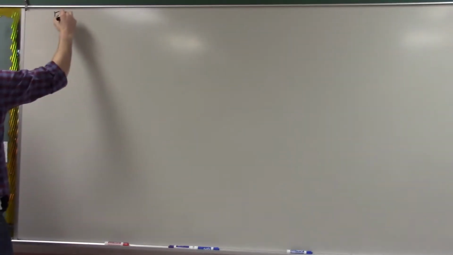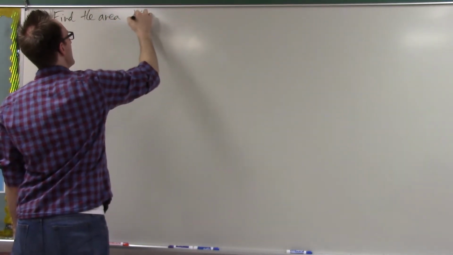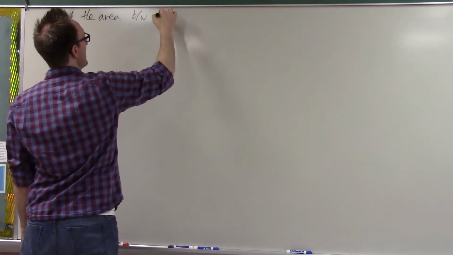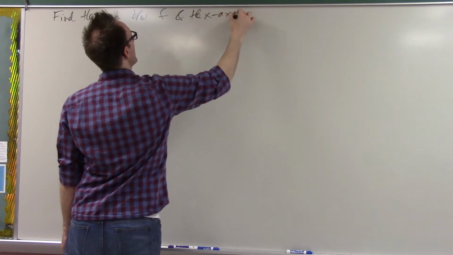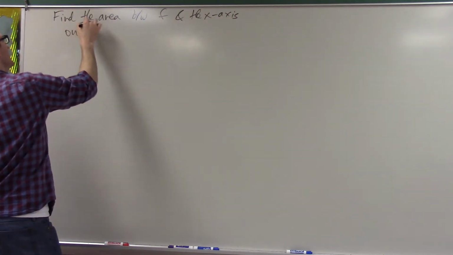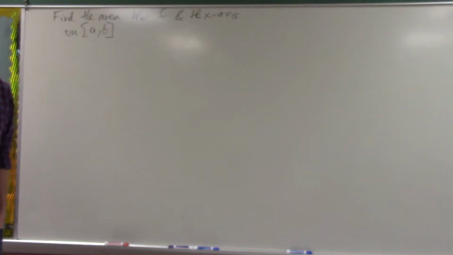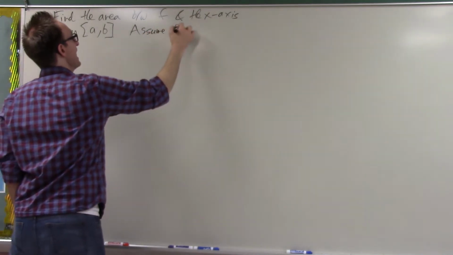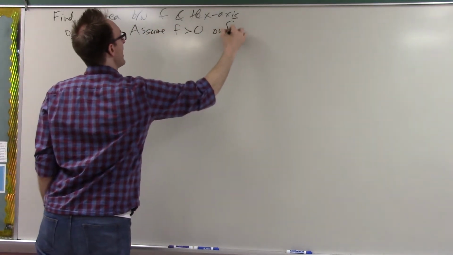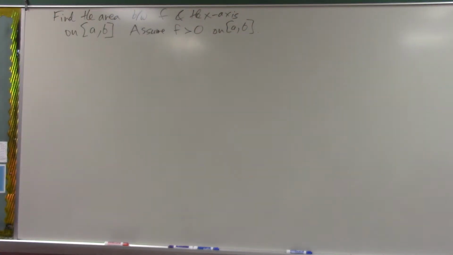So, all right. I would like to do this just in general. I want to talk about the area between f and the x-axis on the interval a, b. And for keeping it simple, let's assume that f is positive on that interval.